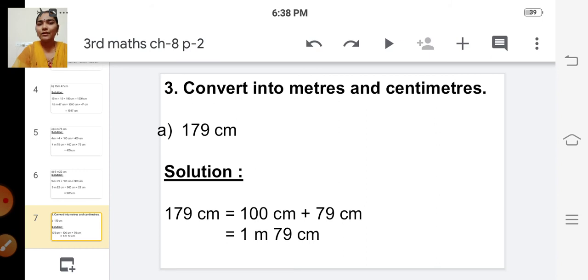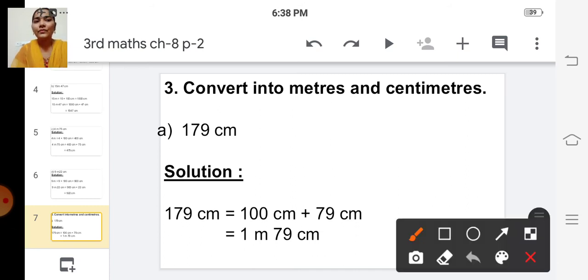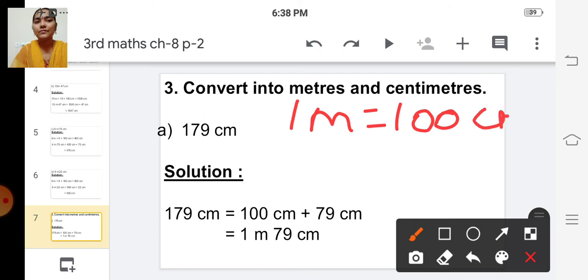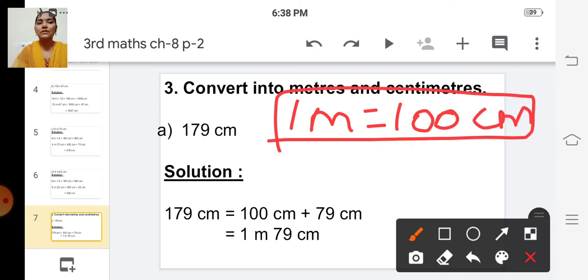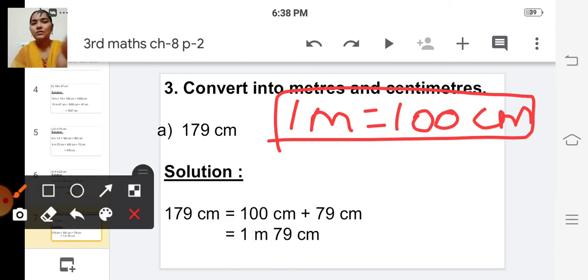Do you all remember? Just now I told. 1 meter is equal to 100 centimeter. So you have to remember this. This is very, very important. If you know that, only then can you convert.